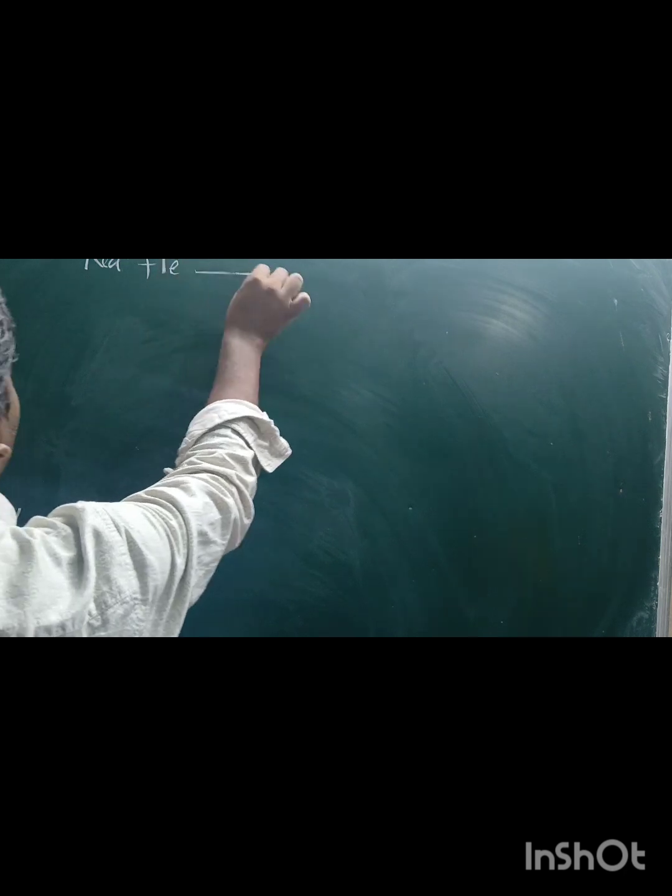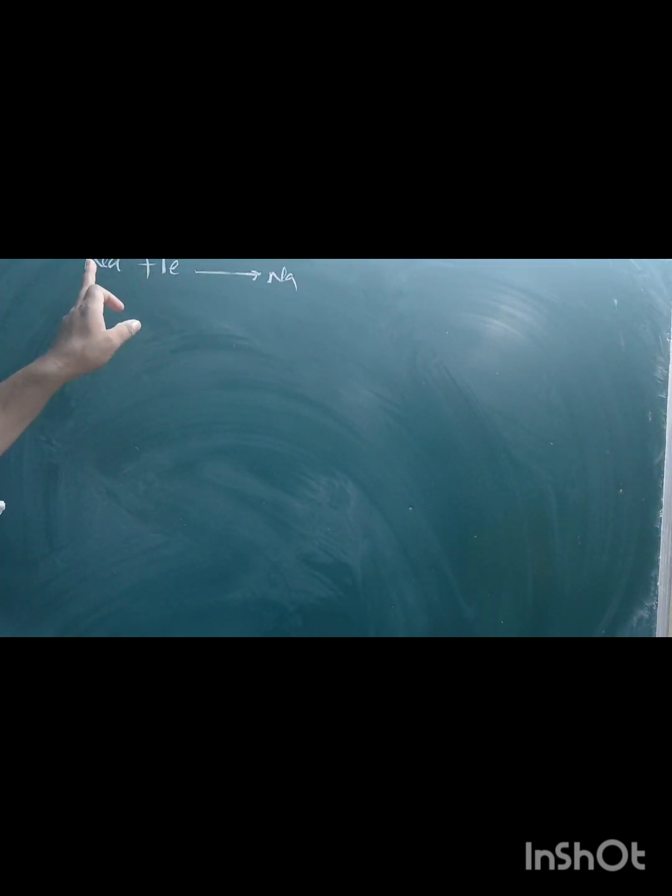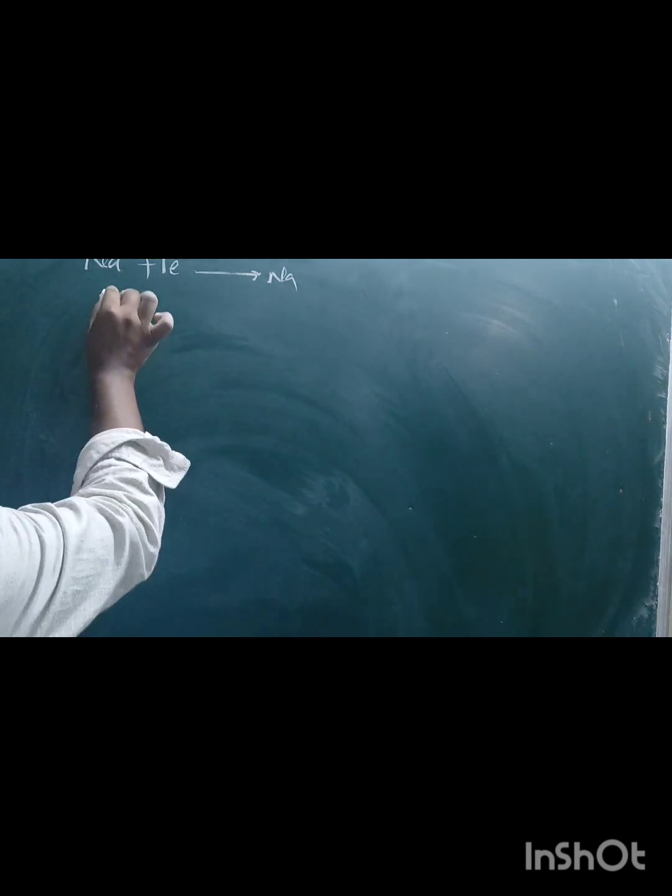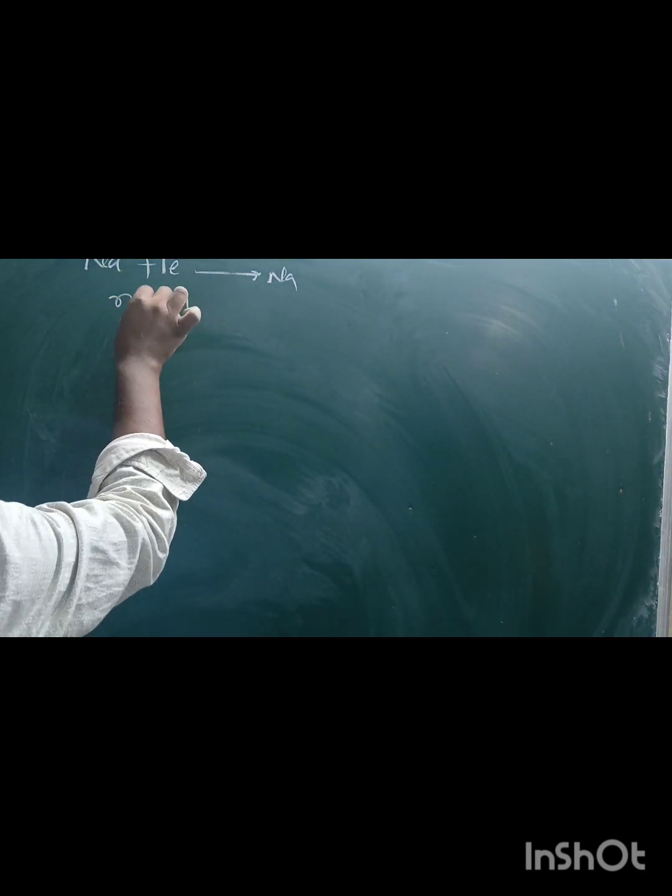Now I am taking some examples of how to calculate the n factor and the equivalent mass. Sodium ion gains one electron to form sodium metal. In this reduction, one electron is required, so the n factor is 1.